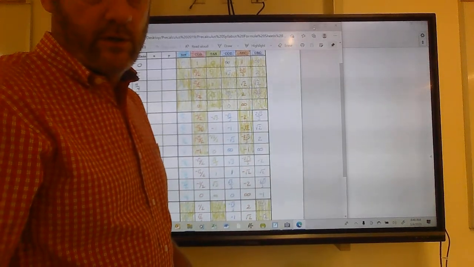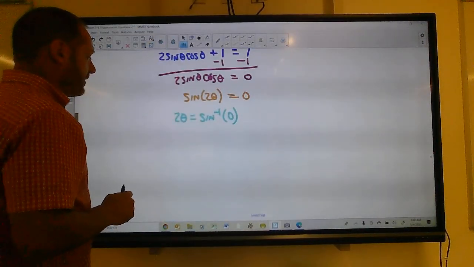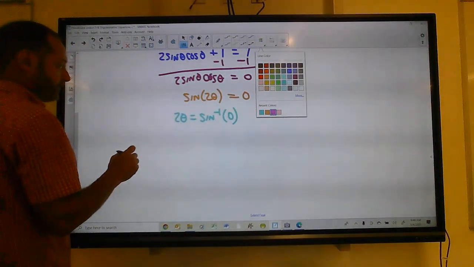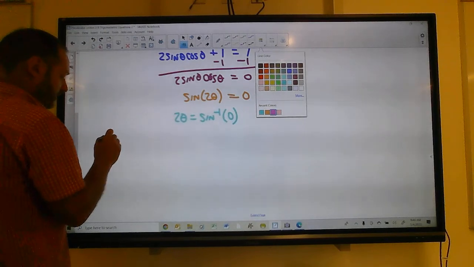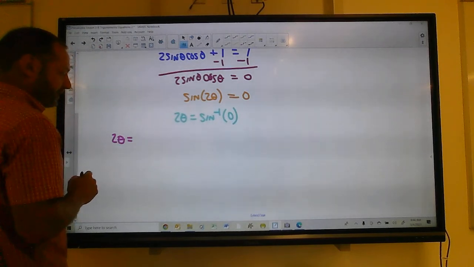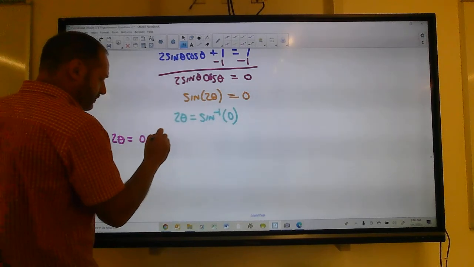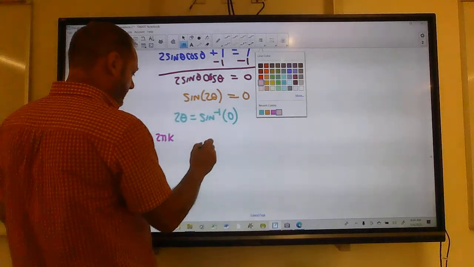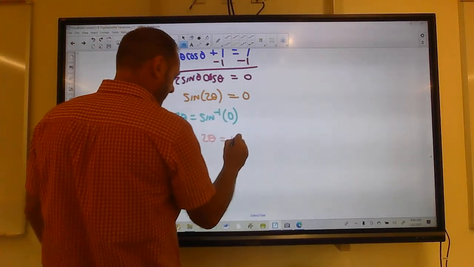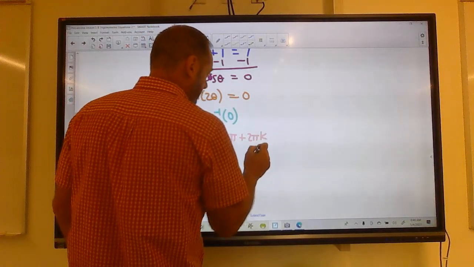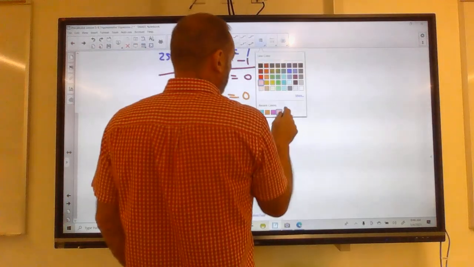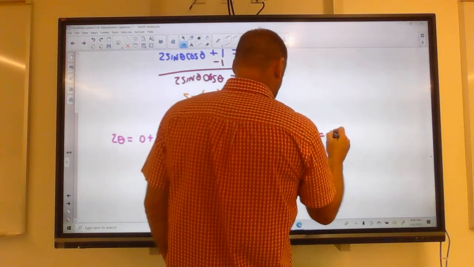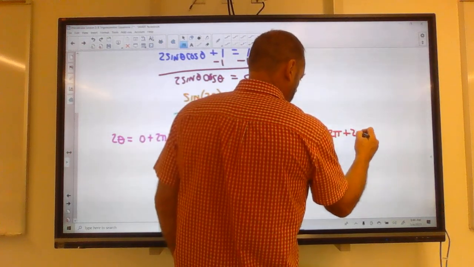Okay? So I get 3 equations out of this. 2 theta is going to be 0 plus 2 pi k. 2 theta is going to equal pi plus 2 pi k. And 2 theta is going to equal 2 pi plus 2 pi k.